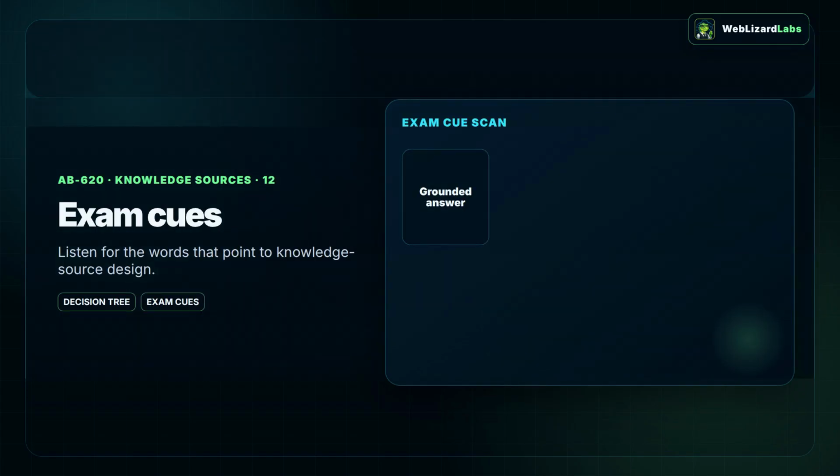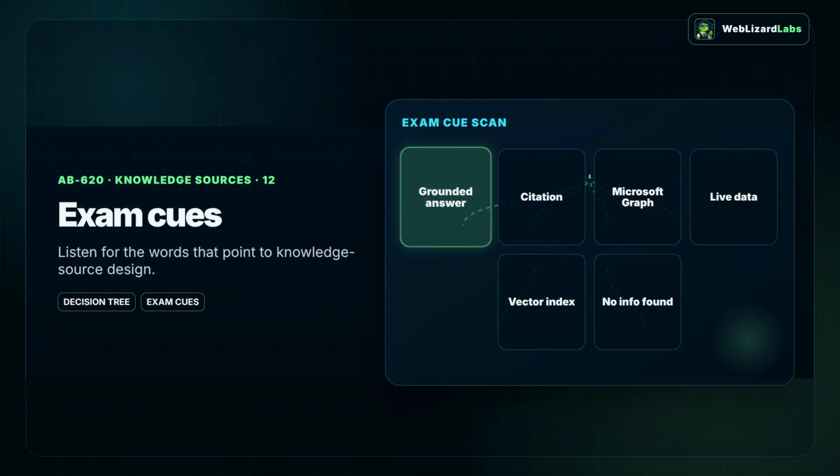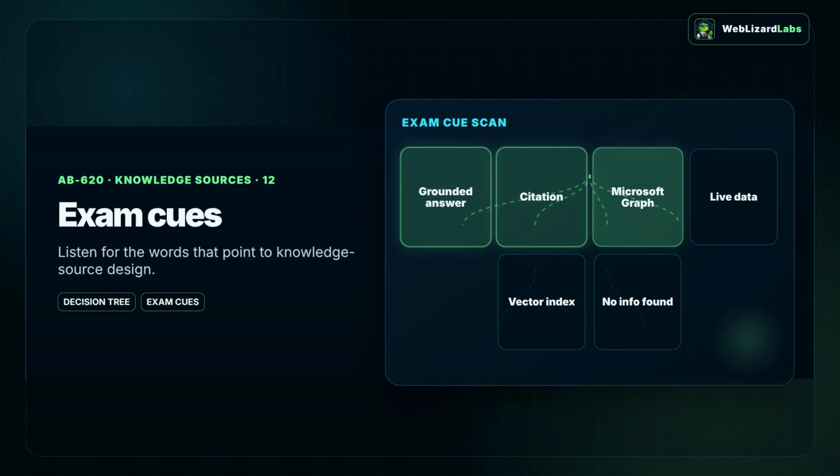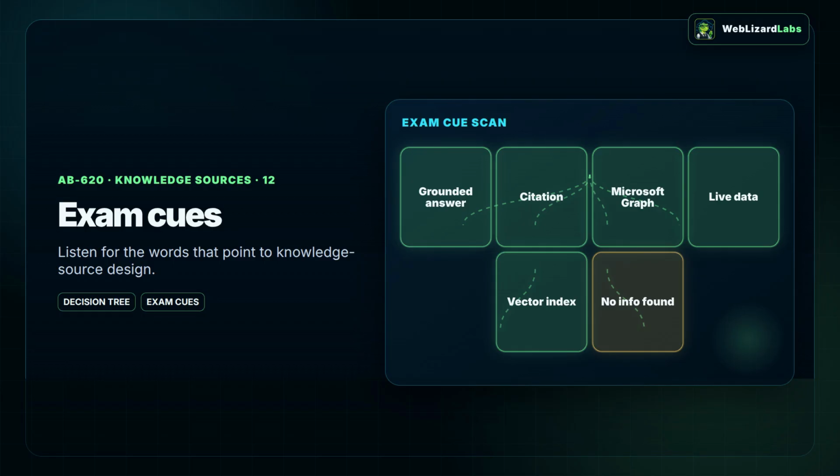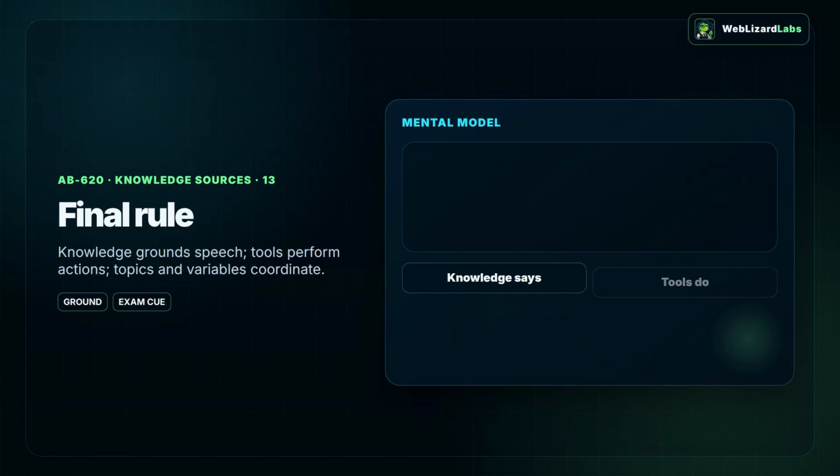For AB-620, listen for these cues: knowledge source, grounded answer, citation, Microsoft Graph, Copilot connector, real-time connector, live data, Azure AI Search, vector index, semantic ranker, generative answers node, custom data, content location, no information found, and custom instructions.